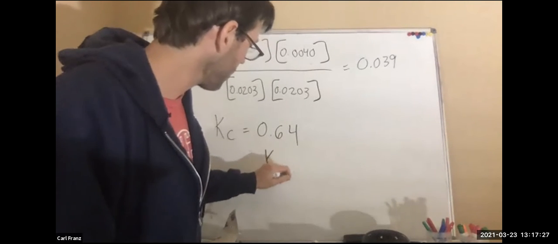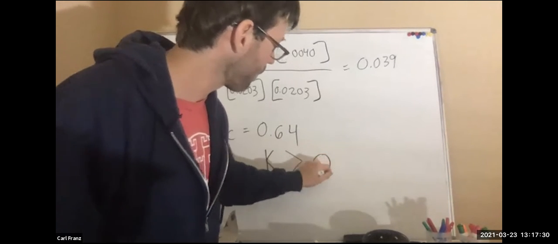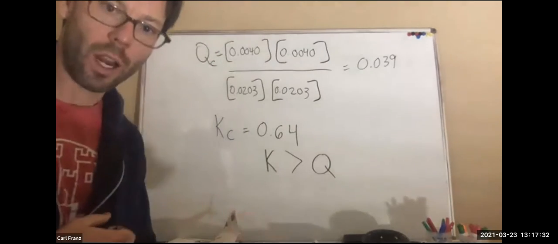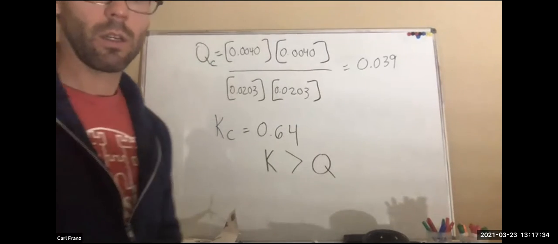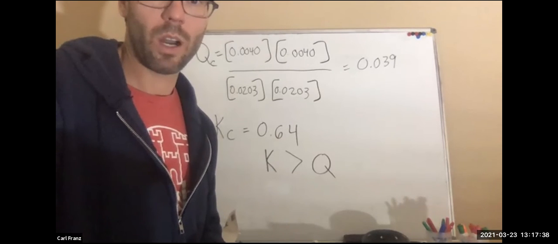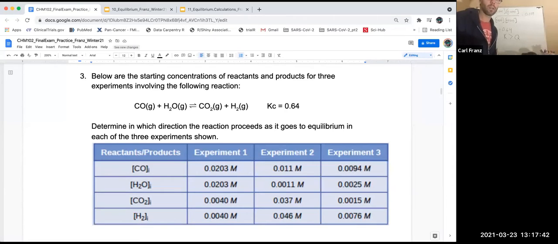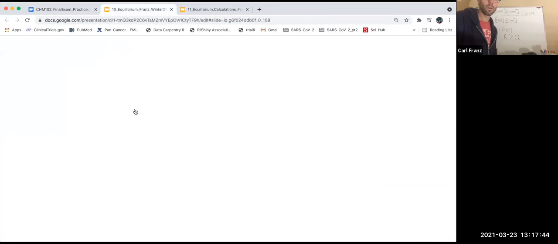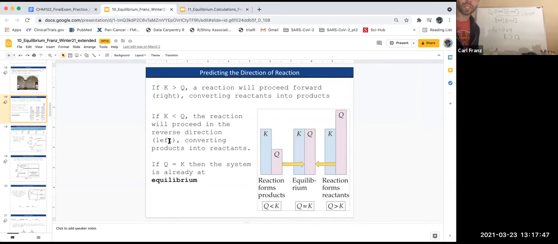So in this case, K is greater than Q. They're asking which direction is it going to go? Well, remember, we talked about that. Right here, predicting the direction of a reaction.